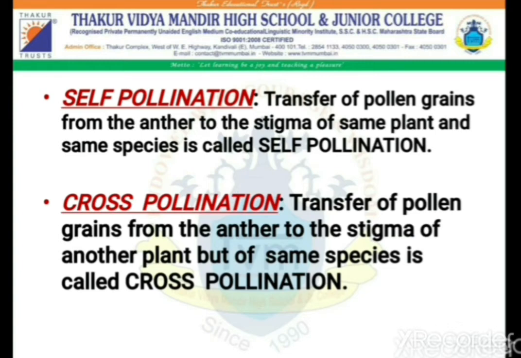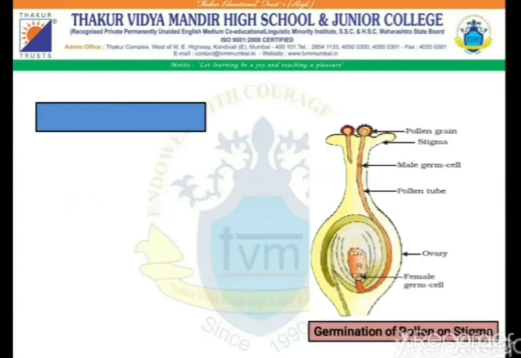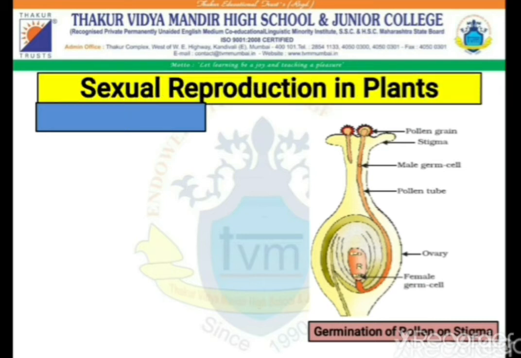and comes the next process, called fertilization. Fertilization means the union of male and female gametes. Till the earlier part, we have seen the pollen grains land on the stigma.